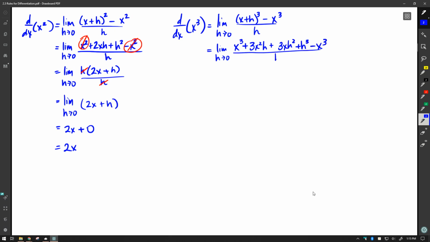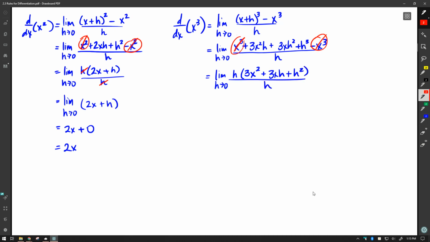This is all over h. And just like in the derivative of x squared, we see the x cubed terms cancel. Then we see the remaining three terms all share a factor of h. So our next line of work, we will spend factoring out that h. Take out an h. That leaves 3x squared plus 3xh plus h squared, and that's all over h.